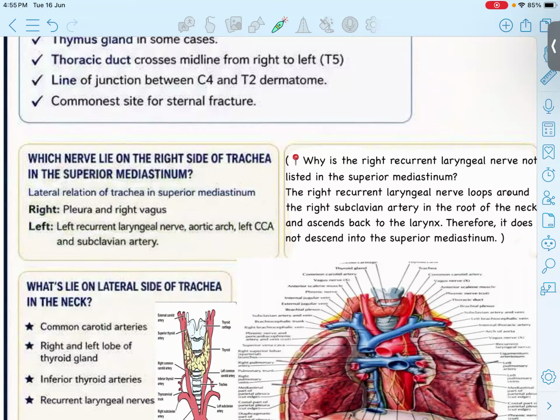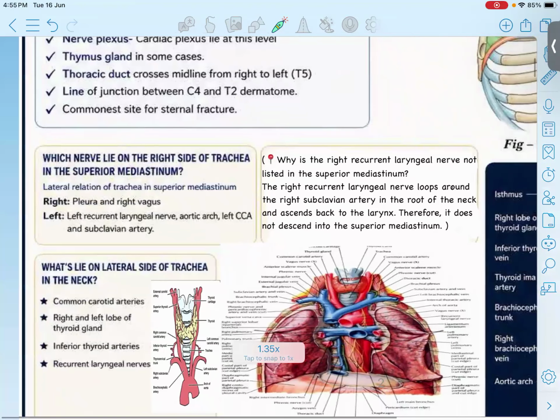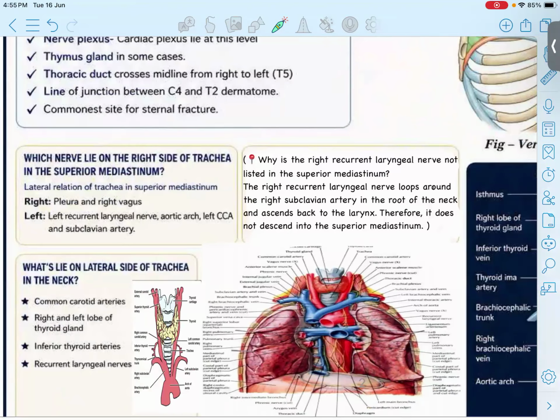So I want to give a small pause for a few seconds. Do you understand this concept? Please let me know. Yes, the slide preparation is quite good. At first you are showing the basic anatomical concept, then the recall question is quite good. Okay, yeah, this is actually a matter of correlation, so I am showing this.